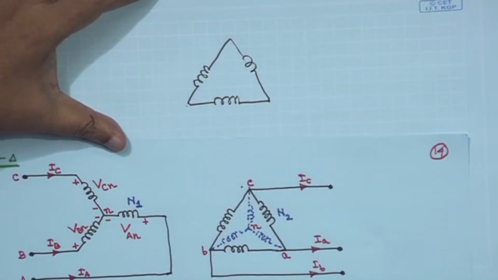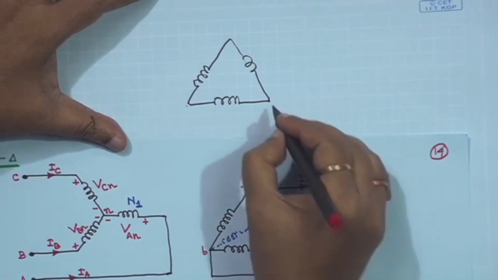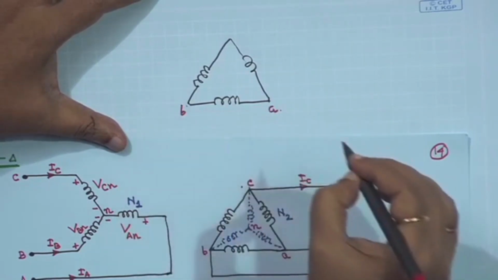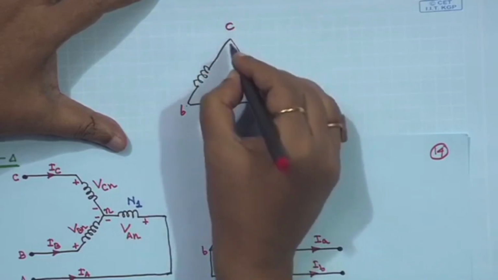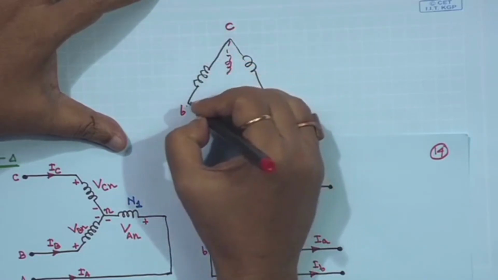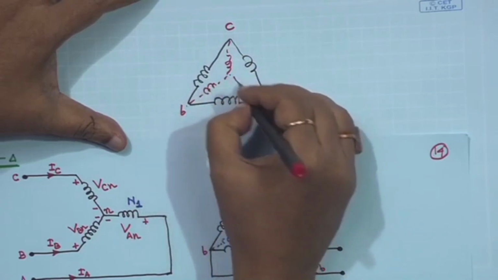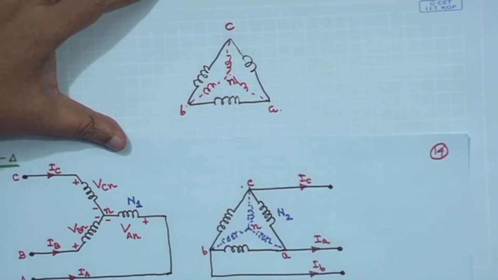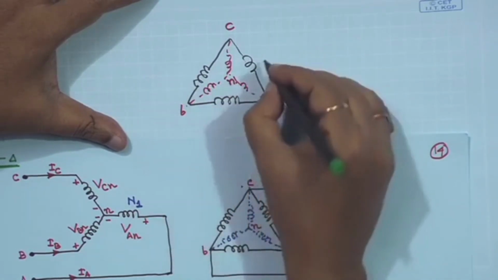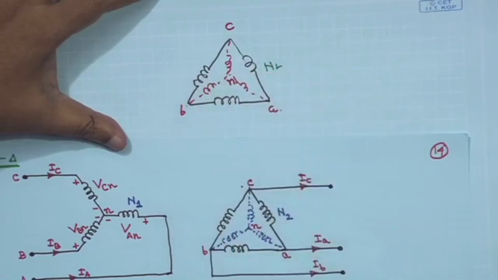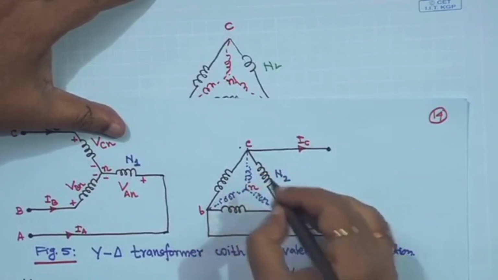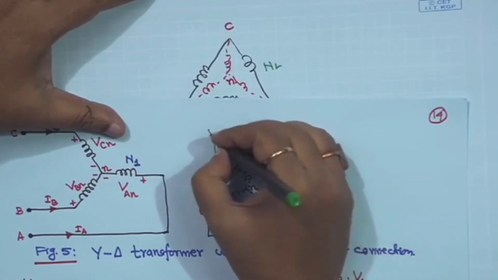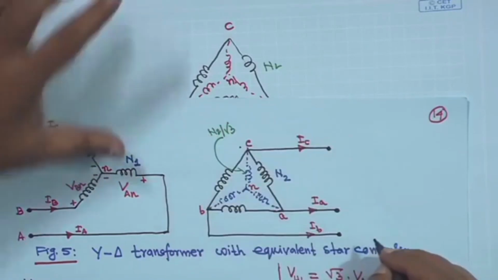This point is A, this is B and this is C, and the equivalent star is like this, and this is neutral. The turns are N2 in each phase, but as we have taken VAN upon van as N1 by N2 by root 3, as if the turns of the equivalent star have become N2 by root 3.